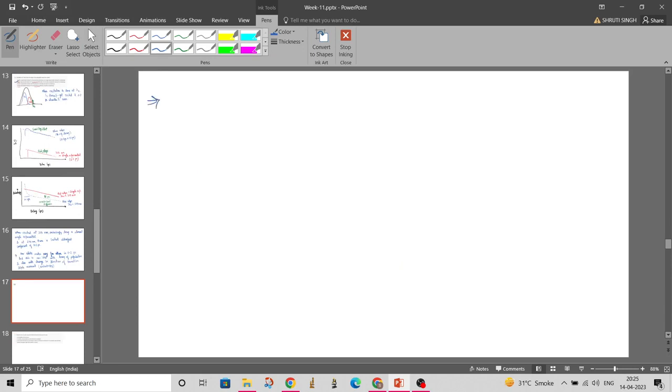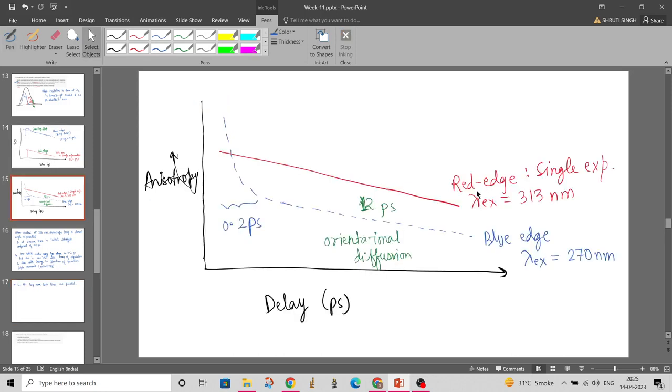And the other conclusion was, in the long run, both lines are parallel. Both lines parallel means these two lines.